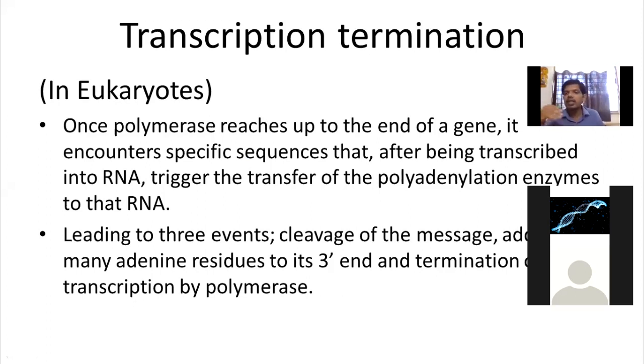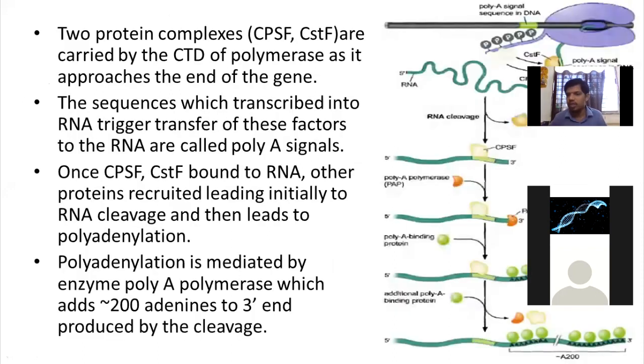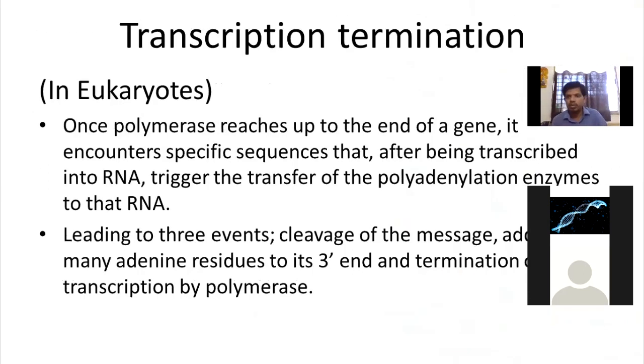As I already told you, transcription termination involves two factors, CPSF and CSTF. These two factors are responsible for the cleavage of the RNA from the RNA polymerase, and without the RNA, the RNA polymerase will not work over that gene.